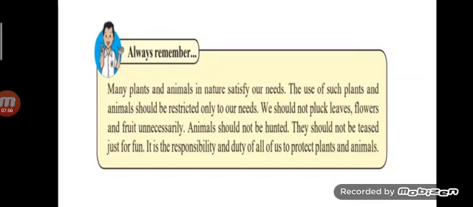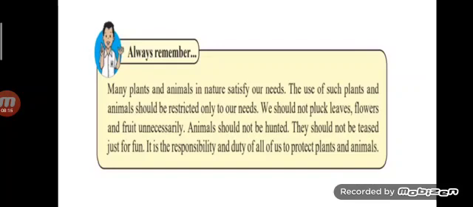Restricted to our need means we should take as much as we want. We should use these plants and animals only for our needs, how much we need, and not attack or cut down or pollute these things unnecessarily. So, we should not pluck leaves, flowers, and fruits unnecessarily, and animals should not be hunted.